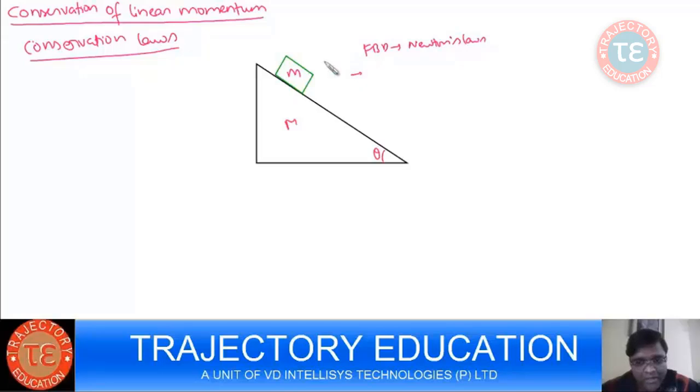But there are certain examples where conservation law is the only approach. Suppose I have a body of mass m1 moving with velocity v1 and a body of mass m2 moving with velocity v2, and they collide.